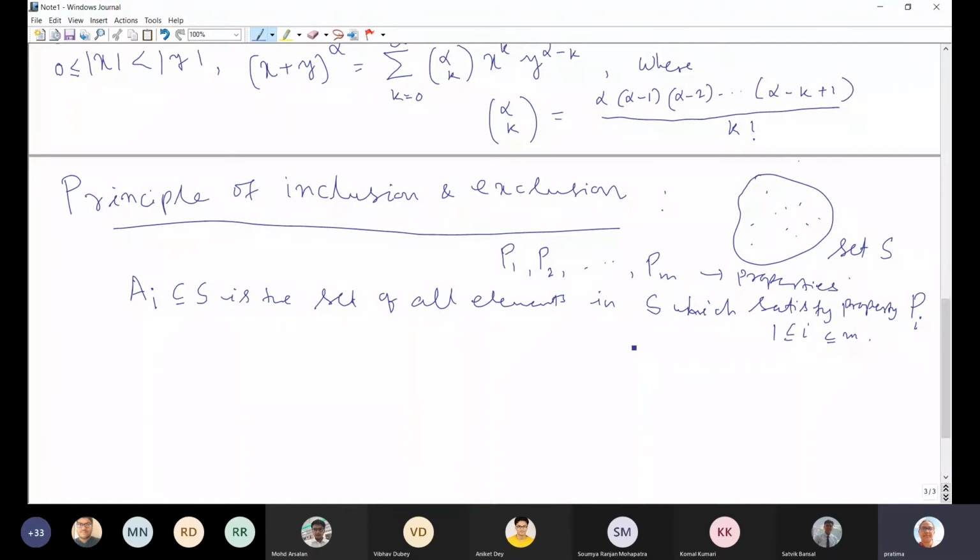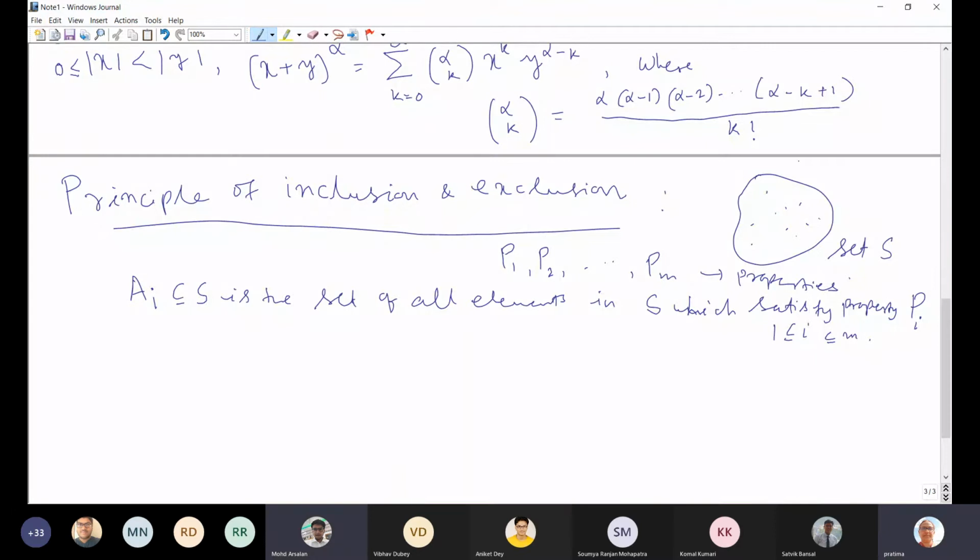Say P1 is the property that plays football, P2 is plays hockey, P3 is property singer, P4 is dancer. Like this I am having some properties. Then among you all students, students who are playing football will be in set A1. A1 will be the set of all students who play football. Do you understand?